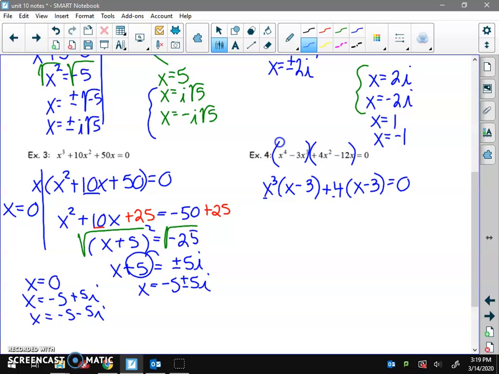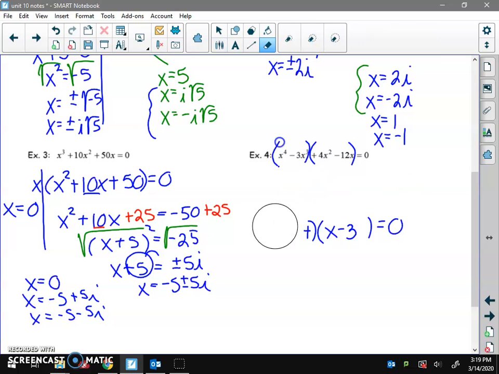Again, the ones that were the GCF make the first factor, x squared plus 4, and then the ones that were the repeats are the second factor, x minus 3 equals 0. I made a mistake. Let's start that one over.